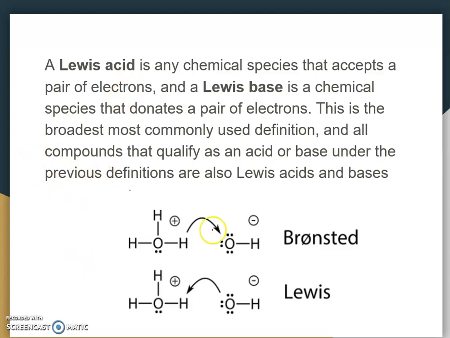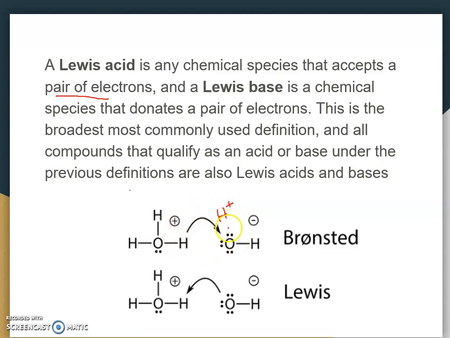So here's an example. A Lewis acid, instead of talking about protons, we're talking about what happens to the electrons. So if you note down here, we have H3O, here's our hydronium ion. It can donate a proton, so it's going to donate a proton to the OH to make water. Okay.